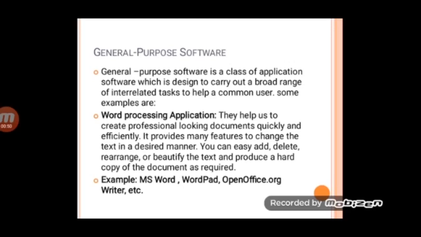It provides many features to change the text in the desired manner. You can easily add, delete, rearrange or beautify the text and produce a hard copy of the document as required. The examples are MS Word, WordPad, OpenOffice.org Writer, etc. Using this software you can create your document and use all the functions.